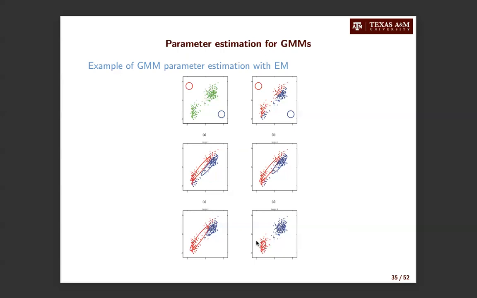We can see here a slight difference compared to the example that we ran based on k-means. The first difference is that these Gaussians now have a center, but also have a covariance matrix. This covariance matrix is not necessarily a spherical shape, but it represents the shape of the data.